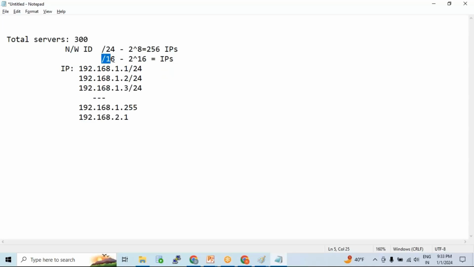So when you do a /16, that means 2 octets will be used for the network identification. The remaining 2 will be used for the host identification. That time 8 plus 8, total 16 bits will be used for host purpose. So the probability will be increased and you will get this many IP addresses. If you do the calculation, it will be somewhere around 40k or 45k something.